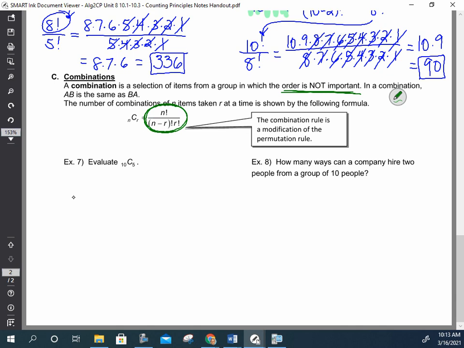So 10C5. That means N choose R. P means pick. C means choose.